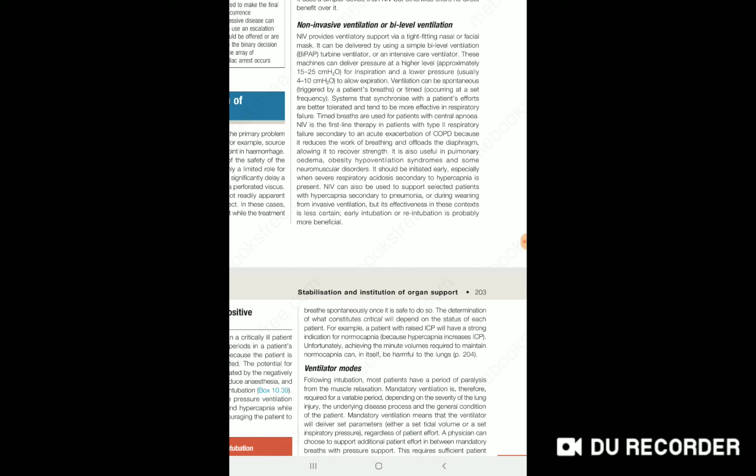The common use of this type of non-invasive bilevel ventilation is respiratory failure due to COPD, and also pulmonary edema, obesity hypoventilation syndrome, and some neuromuscular disorders such as Guillain-Barré syndrome and myasthenia gravis. In these cases, we give this bilevel ventilation.